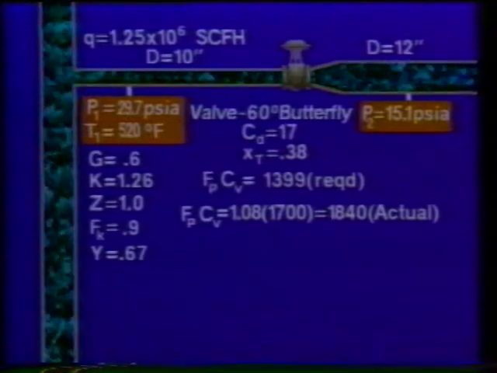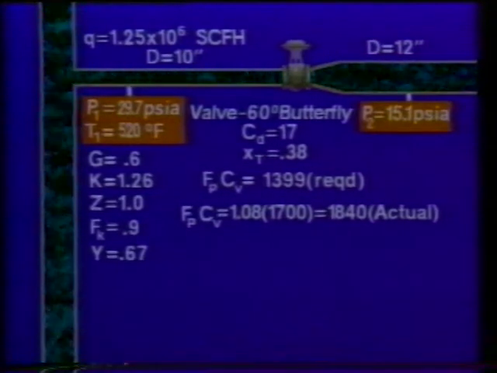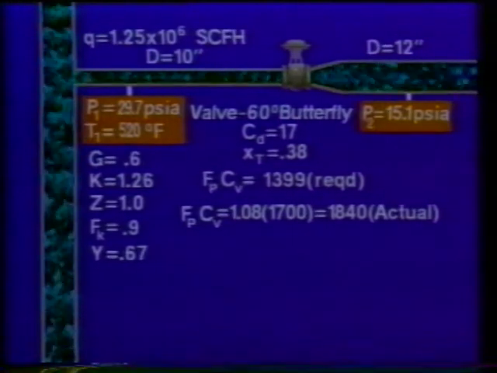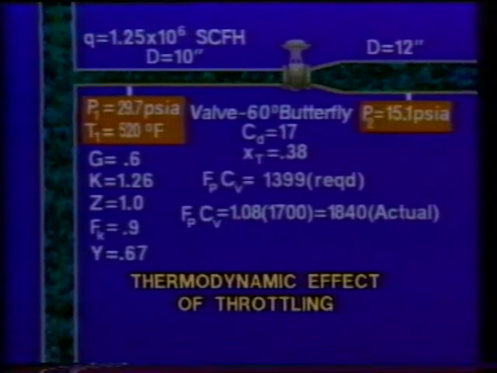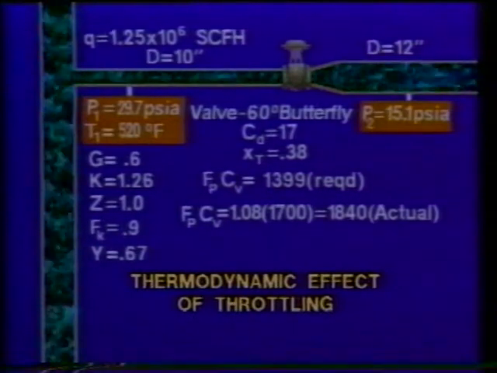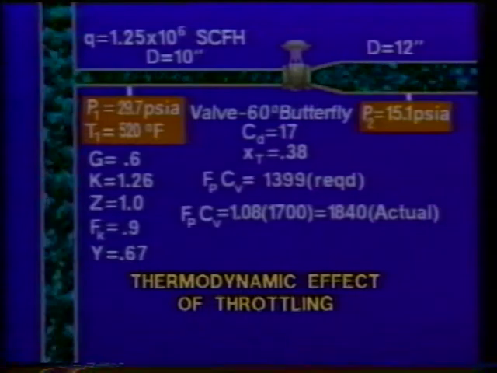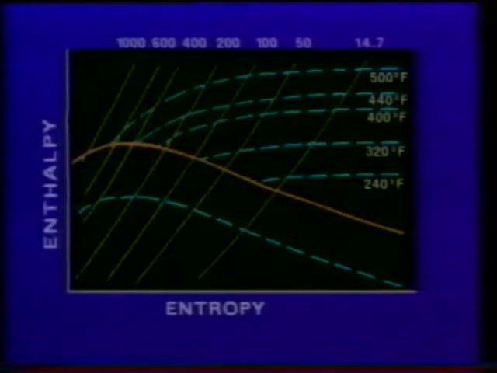Now there is an additional consideration that must be made when sizing a valve for gas or vapor applications, and that is the thermodynamic effect that throttling will have on the process fluid. To help explain this effect, let's look at a molar diagram. This is a portion of a molar diagram for steam. Diagrams for other fluids are similar in structure.